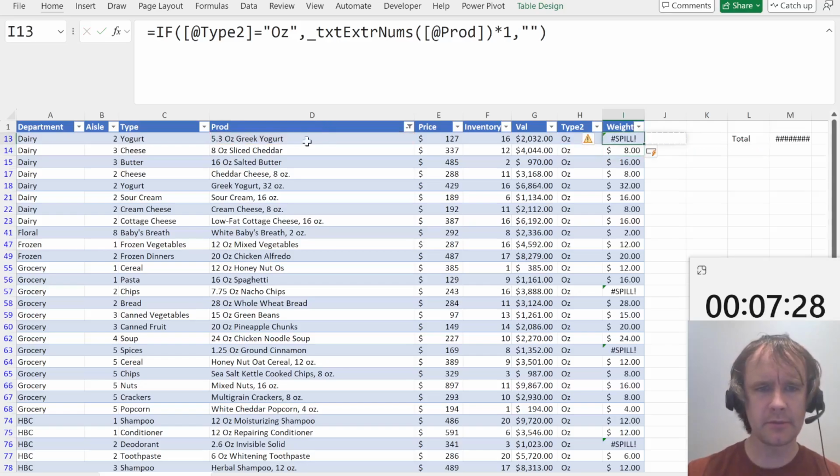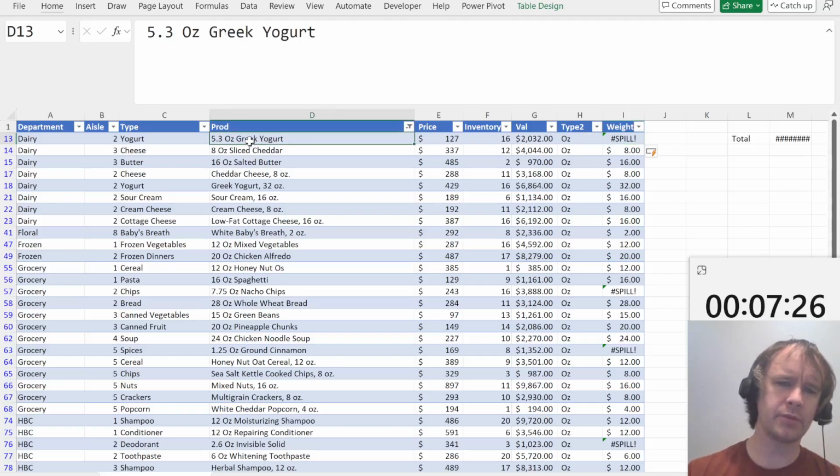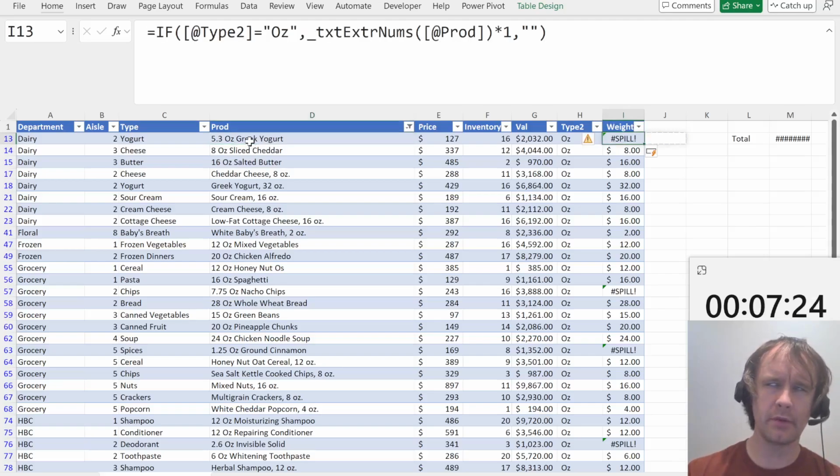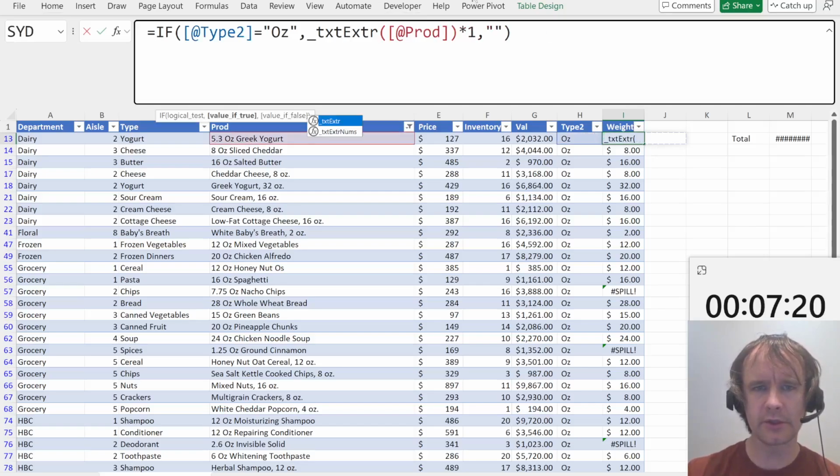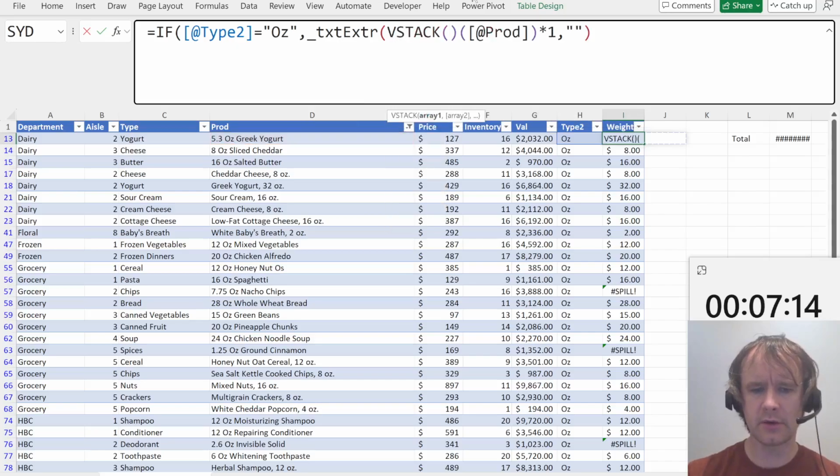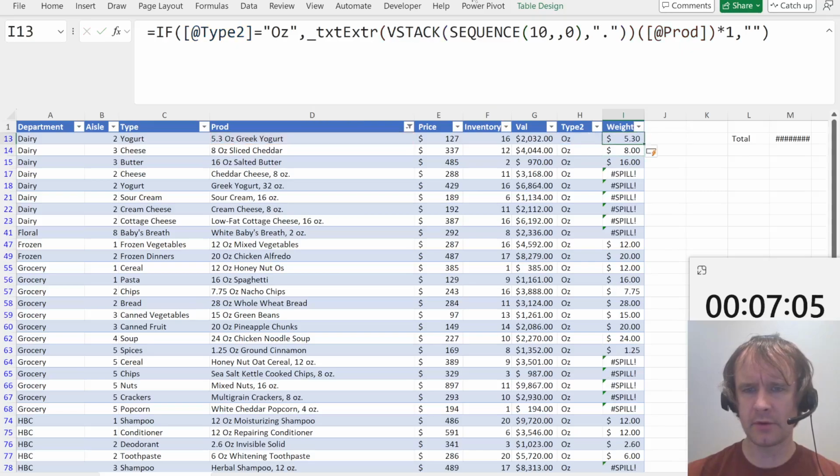That's a spill error. Because you got 5.3, and it's counting that as, fine. So then let's do the more general text extract, which I think needs me to give it. So we'll say vstack of sequence 10 starting from 0 and decimal point. Will that behave better?